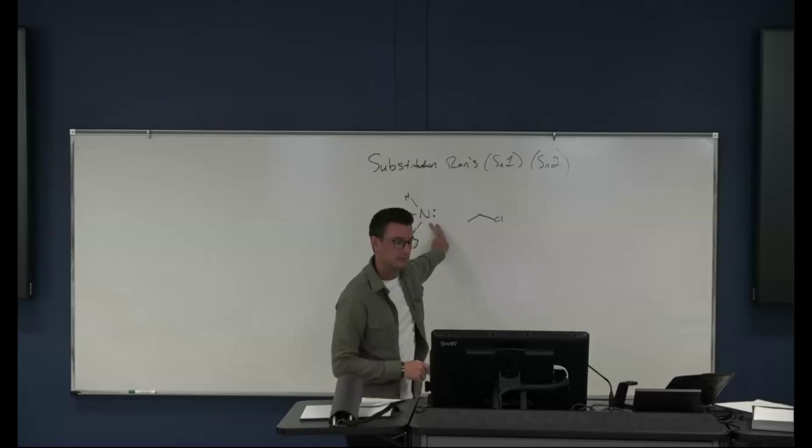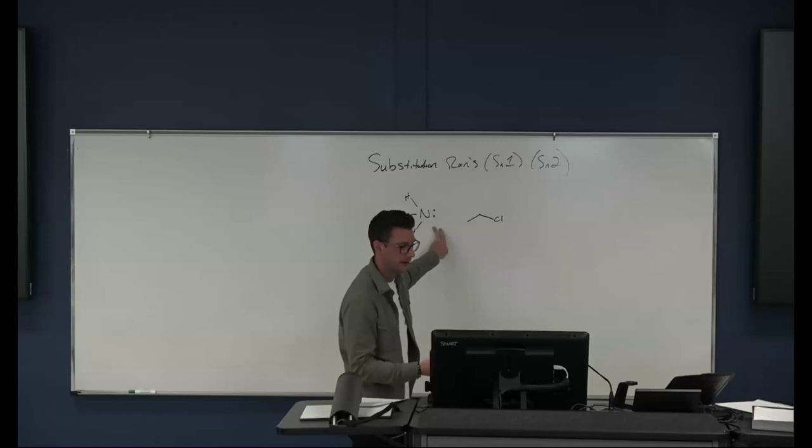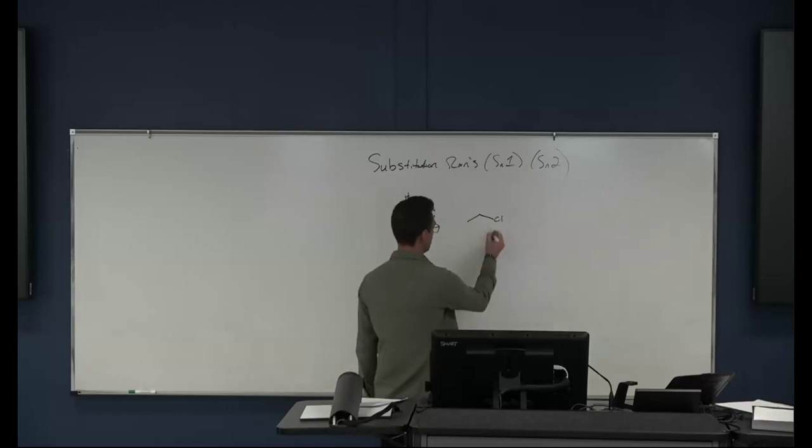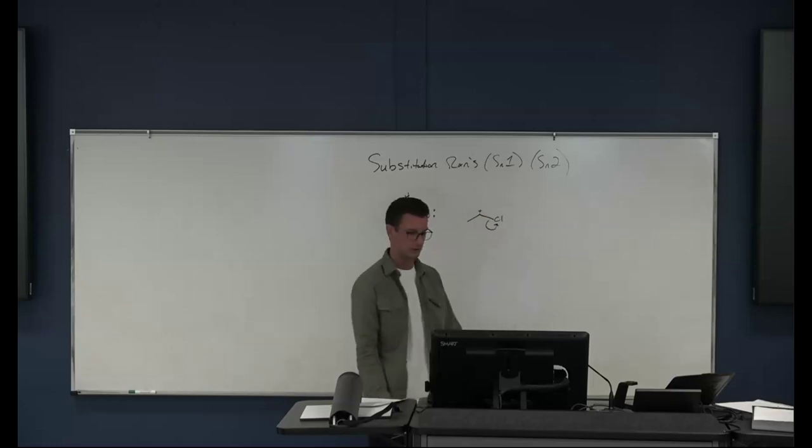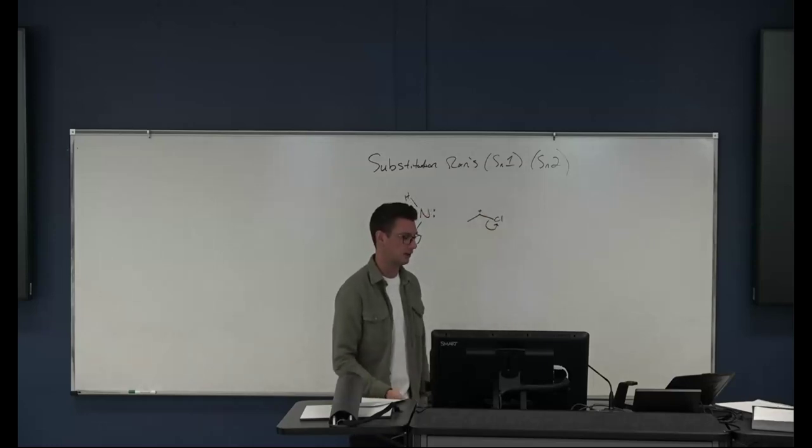This lone pair on the nitrogen is going to act as a nucleophile by making a bond with the carbocation. The leaving group is going to leave, leaving a partial positive on that carbon.